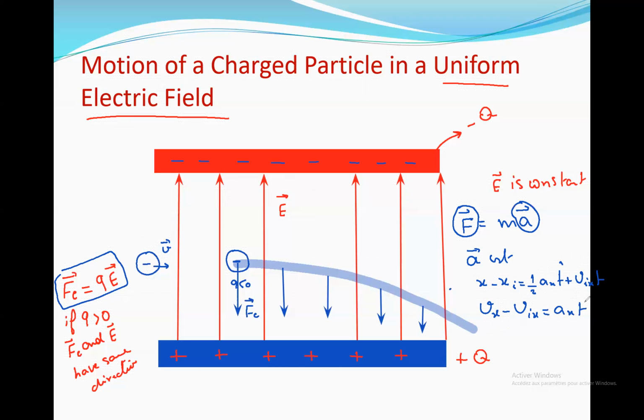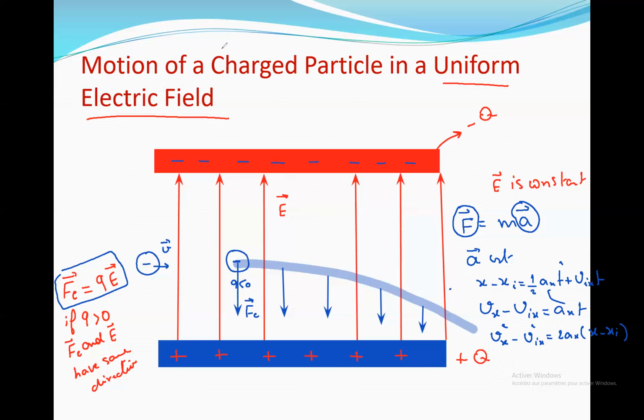And also if you calculate t from this equation and you substitute its value here, you get v x final square minus v initial x square equals ax times x final minus x initial. It's the same for y. You can put y in the place of x.